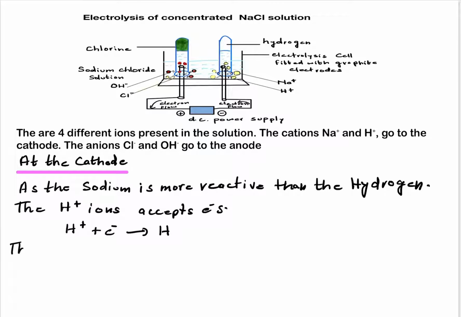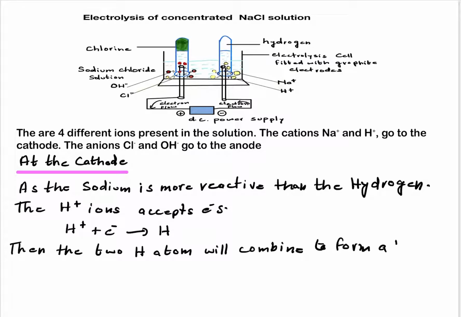Then the two hydrogen atoms will combine to form a hydrogen molecule. So we can write down the equation as H plus H will give you H2.